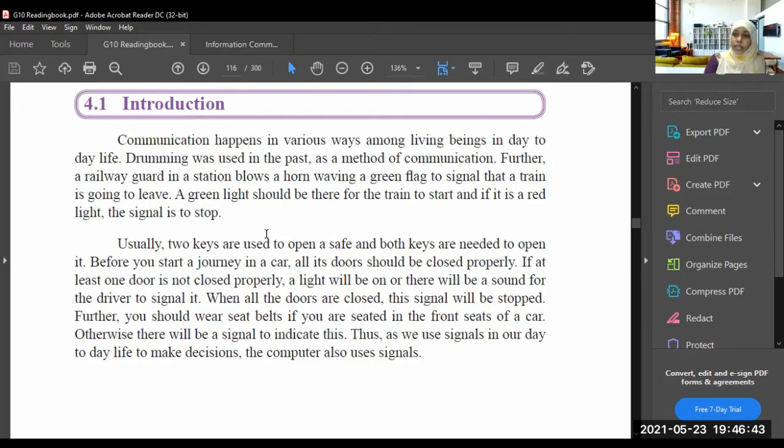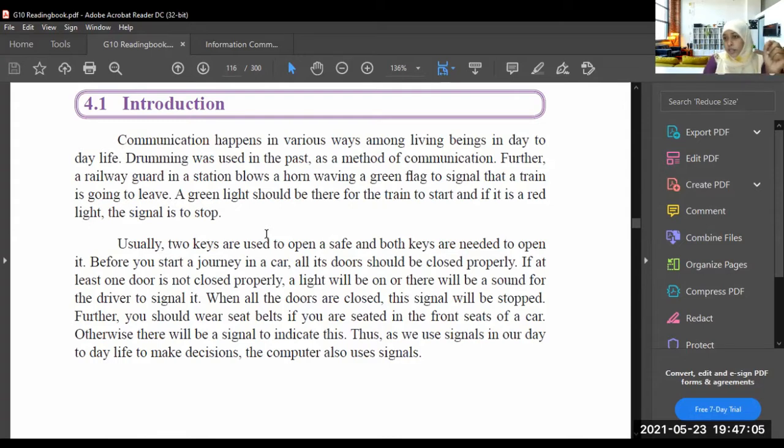So if you get onto the car and before you start the journey, if the doors are not closed, you should close all the doors of the car. If at least one door is not closed, then there will be a light blinking on the dashboard. You know the dashboard, right?